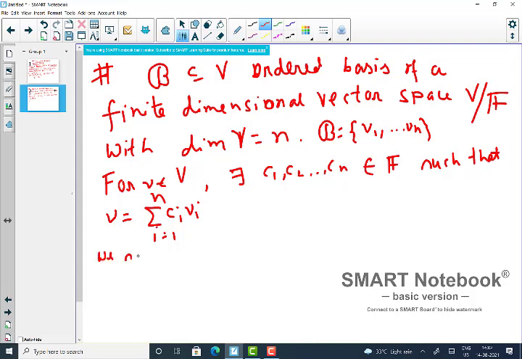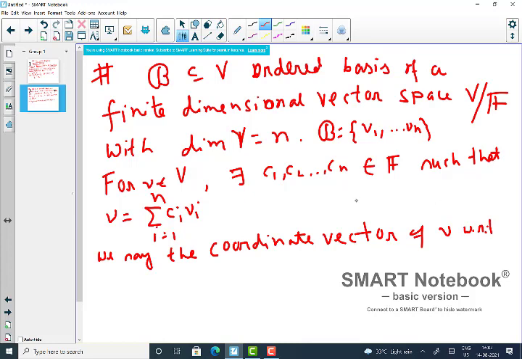We say the coordinate vector of v with respect to this ordered basis B is denoted by this kind of symbol, [v] with respect to B. This is a column matrix, so we will define this as a column matrix, c1, c2, up to cn.